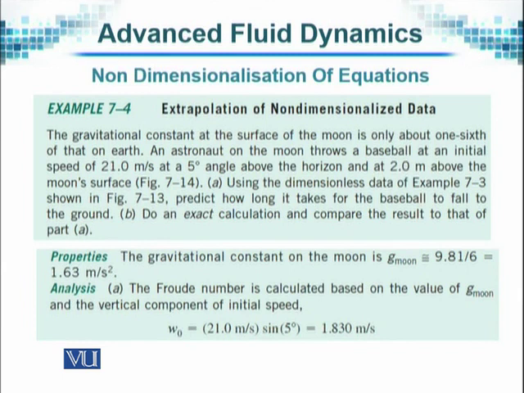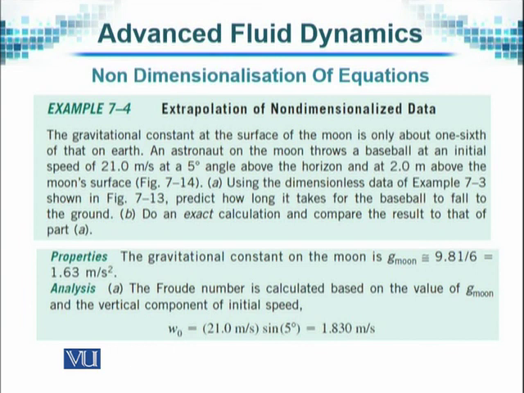The gravitational constant at the surface of the moon is only about 1/6 of that of the Earth. So gravity at moon is 1/6 of what we have on Earth. An astronaut on the moon throws a baseball at an initial speed of 21 meters per second at a 5-degree angle above the horizon and at 2 meters above the moon's surface.